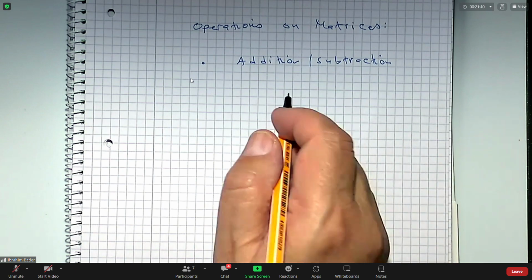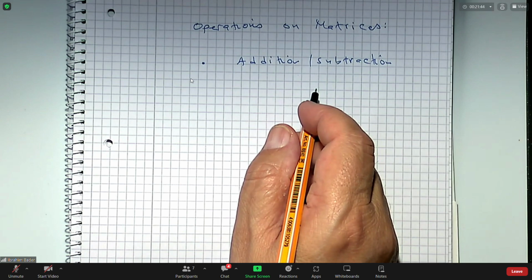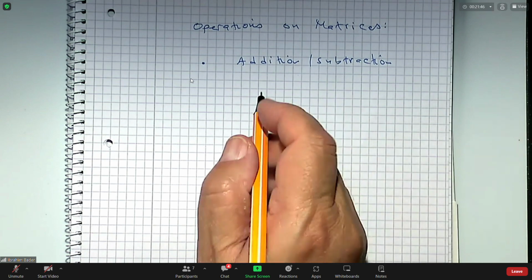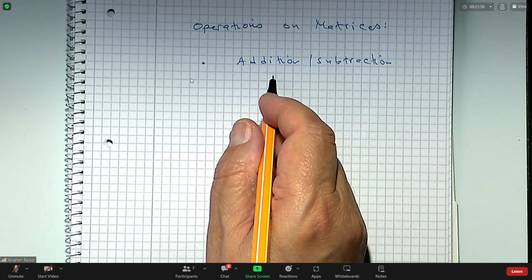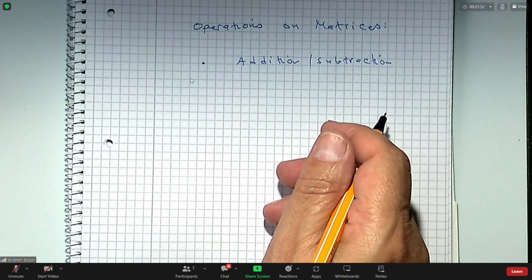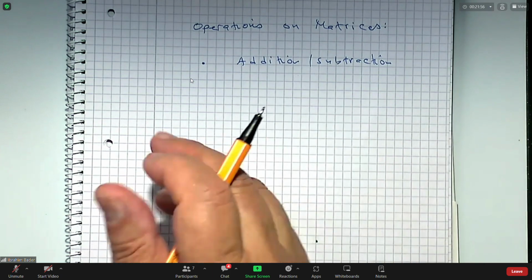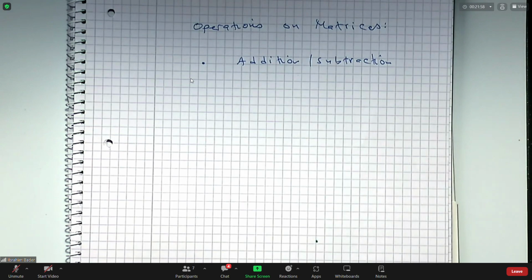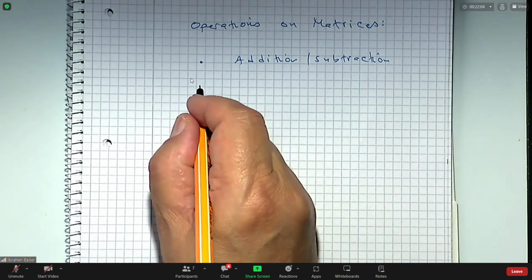For instance, addition and subtraction, like we saw last time, must have the same dimension. So I am adding an n by m matrix to a matrix of the same dimension, meaning it has as many rows and columns, and each index is added to the corresponding index.